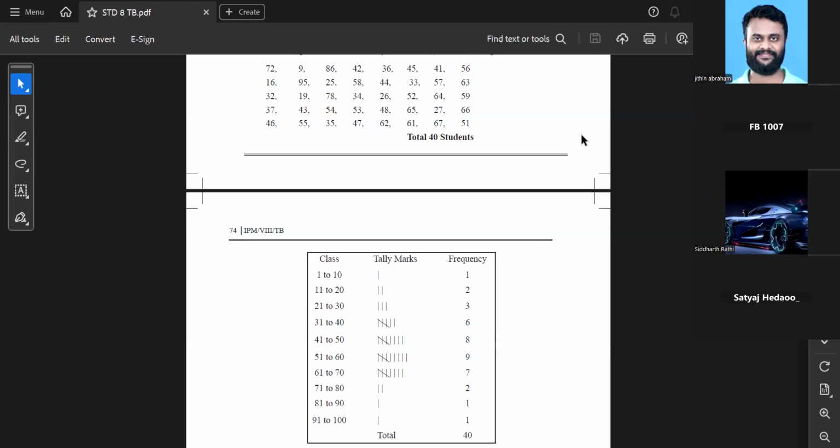Yes, sir. So that's why in general people never prefer huge data or very detailed data. Statistics is a theory which helps us to summarize the data, not expand the data. We want to summarize it.